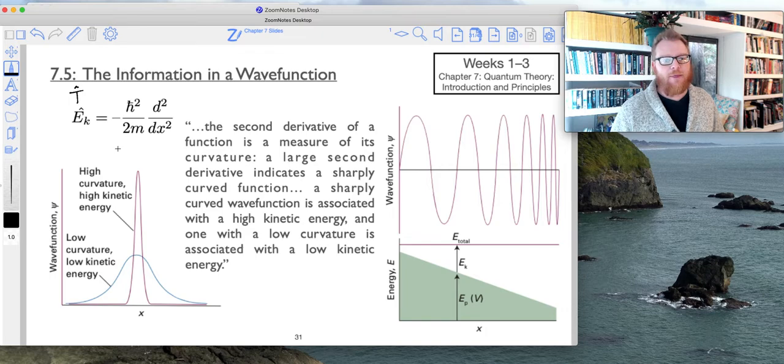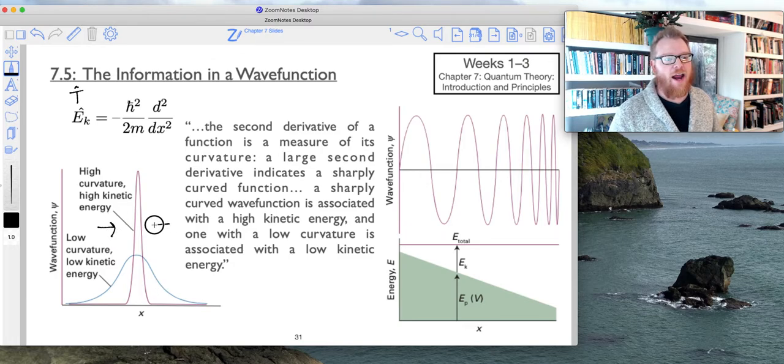And so this is also where we're going to start to see some connection with wave-particle duality, okay? If we have a sharply curved function like this, we see high curvature on this side, and high curvature on this side. So there's a confluence.